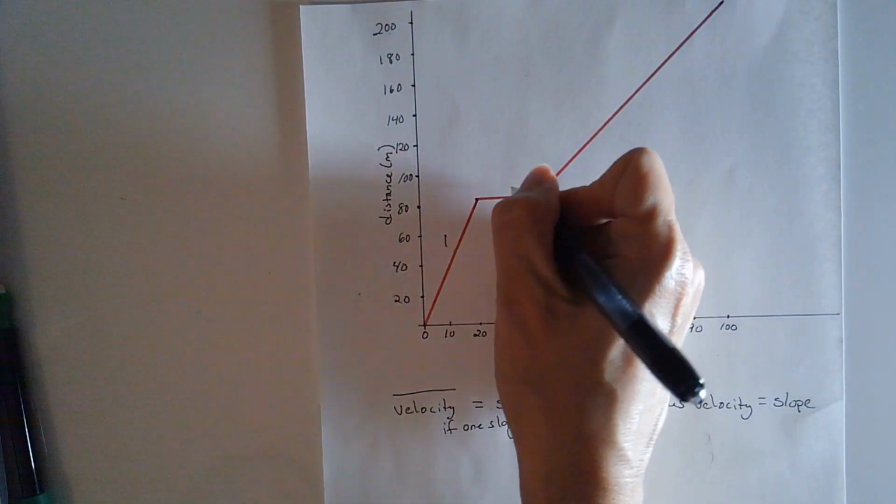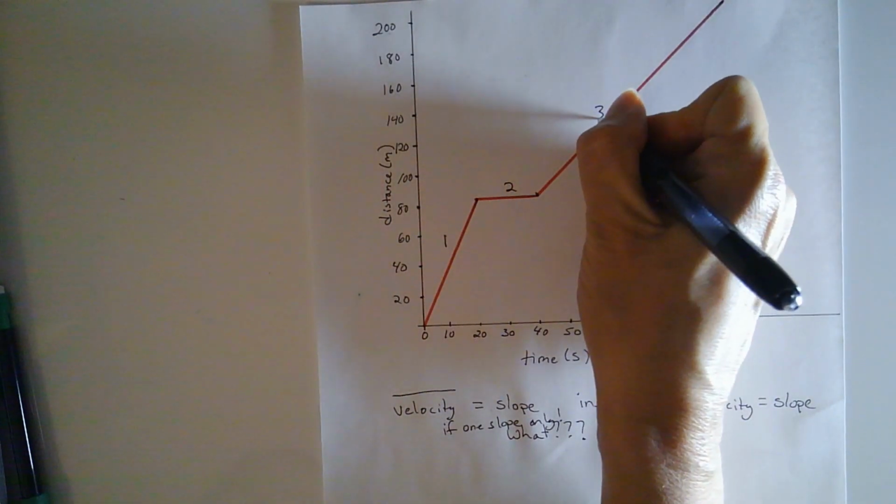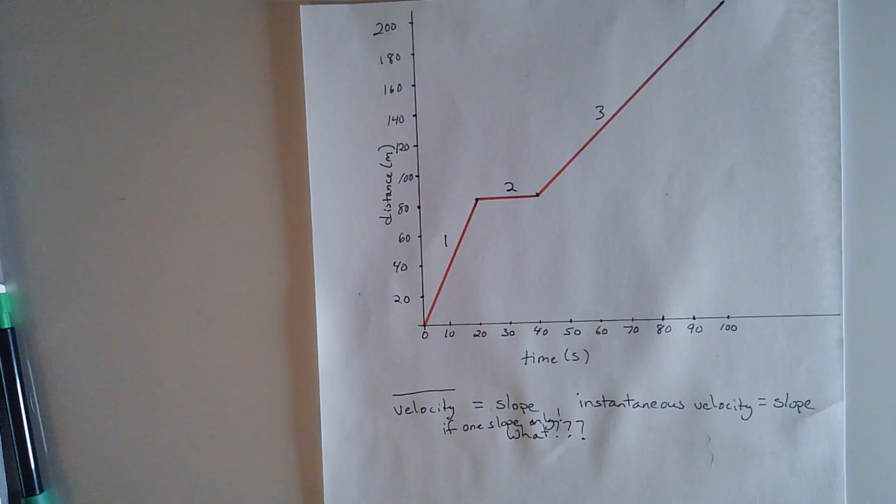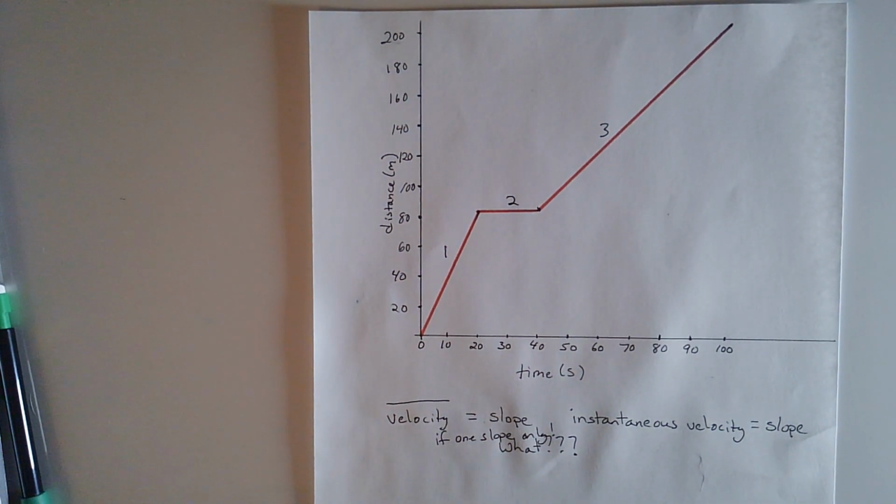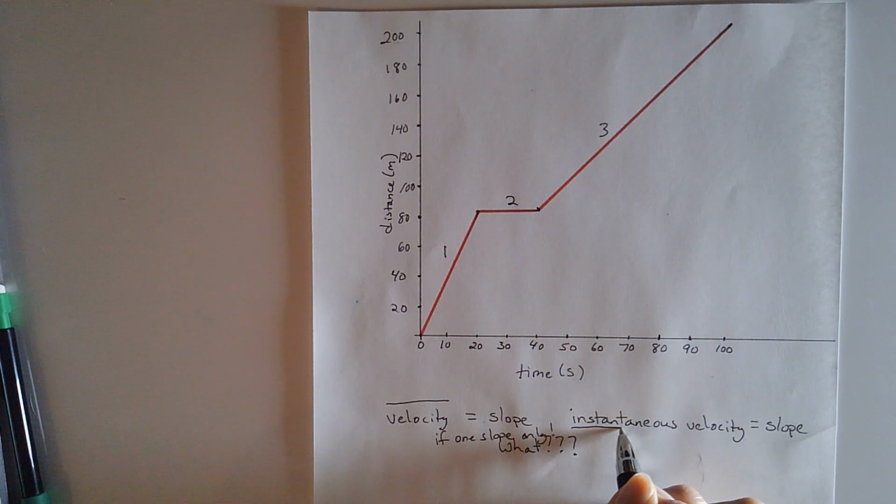So what happens is we start zeroing in on smaller fragments of what's going on, smaller instances, smaller instants in time. So instantaneous velocity is the velocity in a given instant.